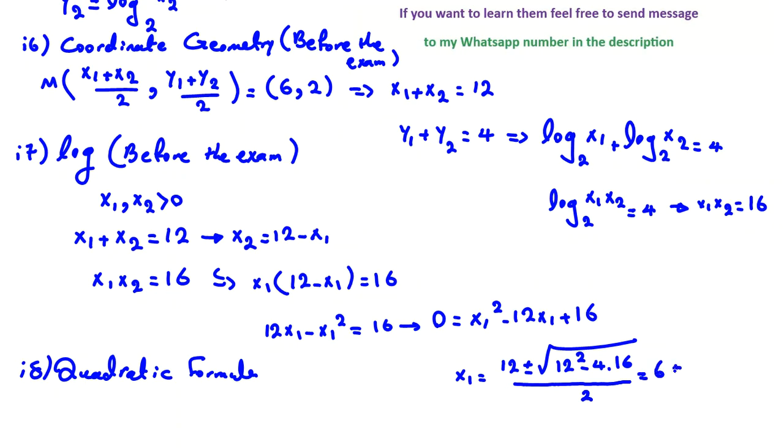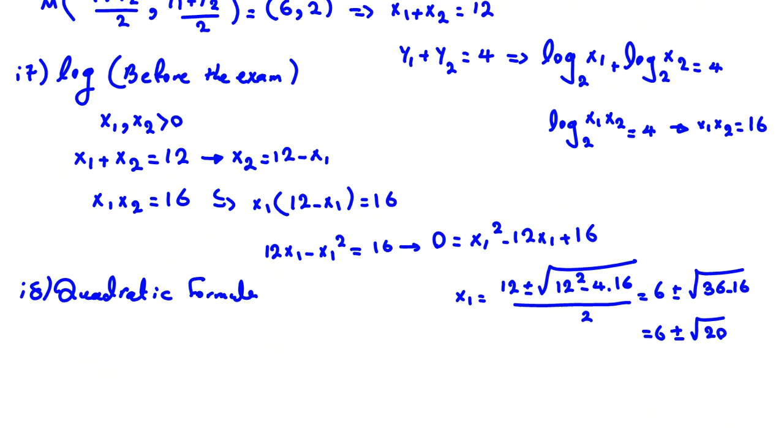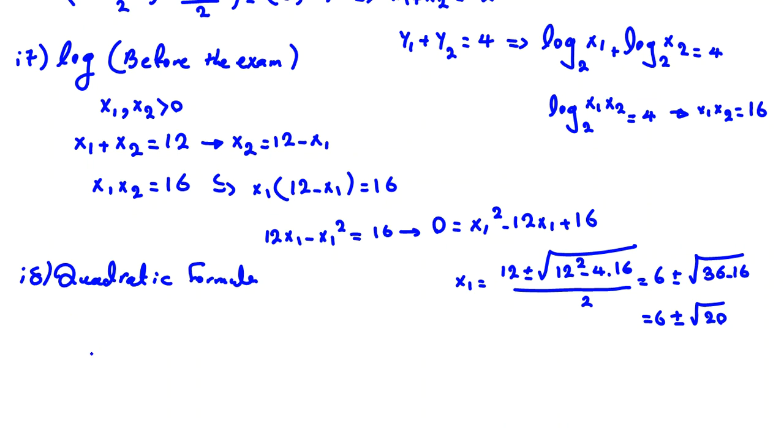So it will be 6 plus minus, you should divide inside the square root by 4, 6 squared, 36 minus 16. So it will be 6 plus minus root 20. If we calculate x2 also, it will be the same thing. So x1, x2 will be 6 plus minus root 20. And as you can see, the sum of them is 12, the product of them is 36 minus 20, 16.